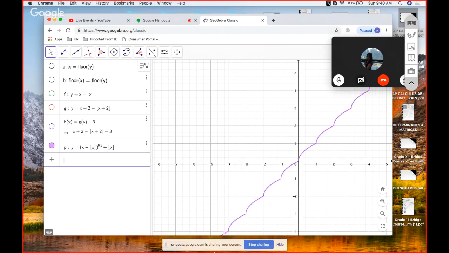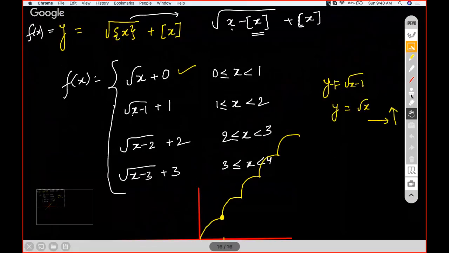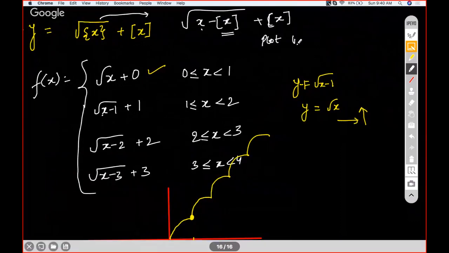Now what will happen if I ask you to plot the graph of, I'll just make a slight change in the question, y is equal to under root of fractional part of mod x.